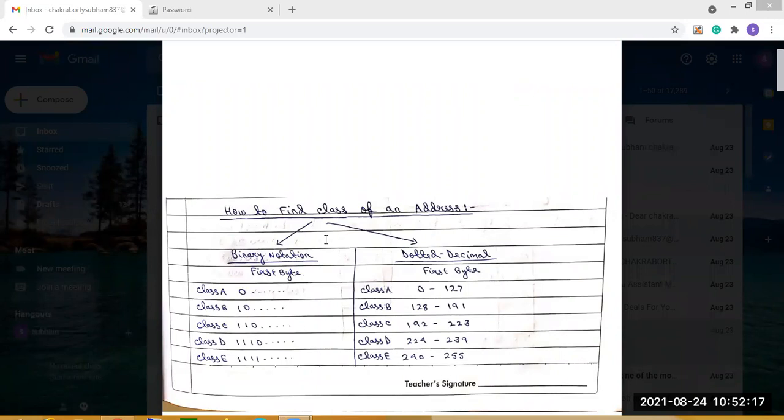In case of binary notation, to find the class of an address, we have to check the first byte.